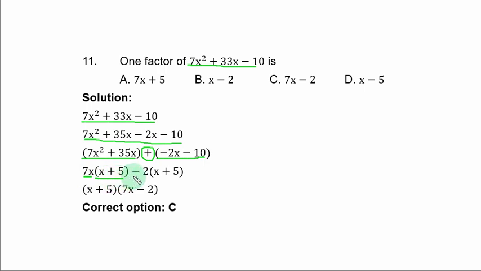From the second group, you factor out minus 2, and you have s plus 5. Clearly, s plus 5 is common. If you take out s plus 5, you have 7s minus 2 that will form the other bracket. So C is the one factor, which is the correct option.